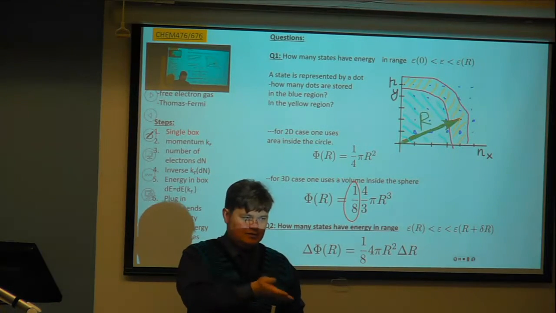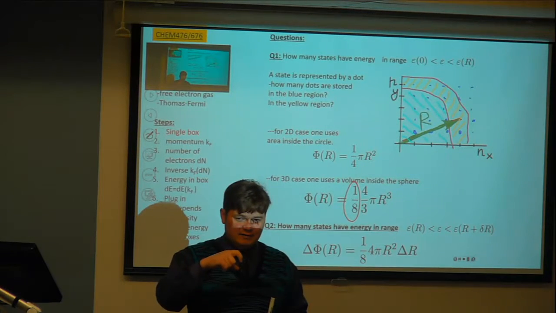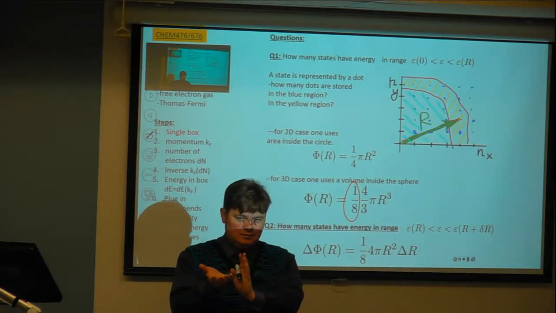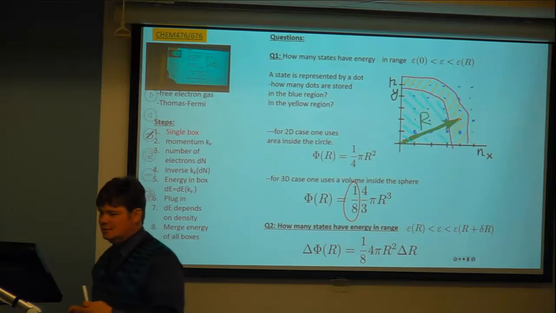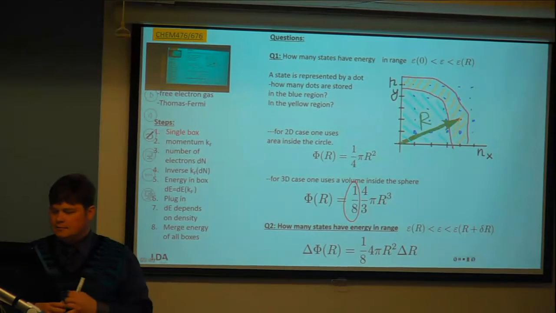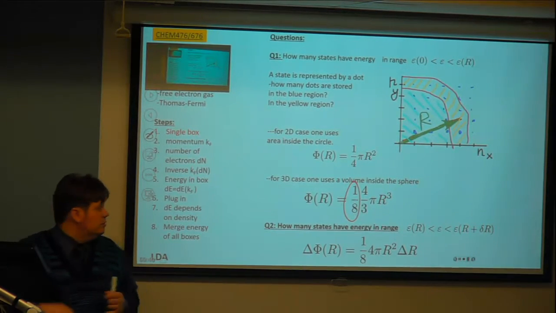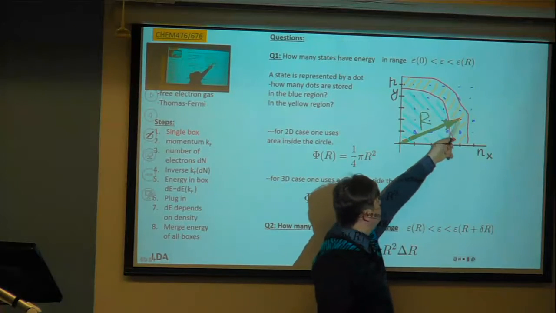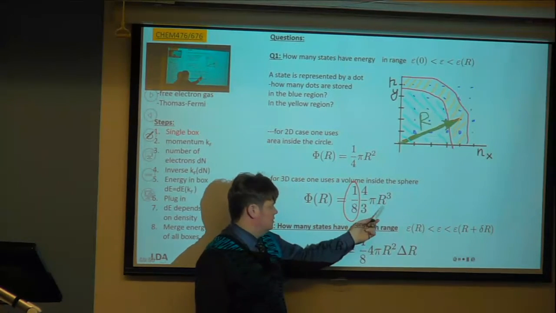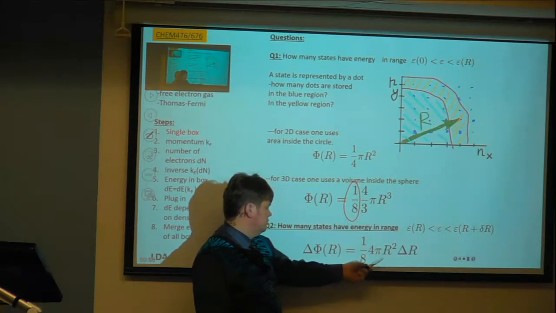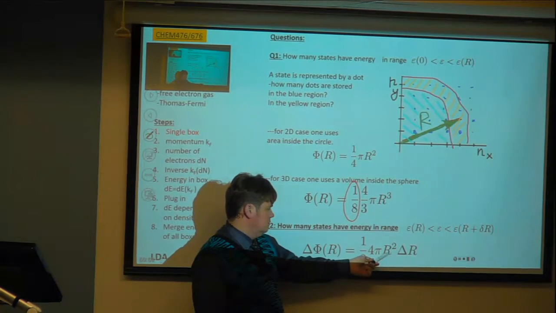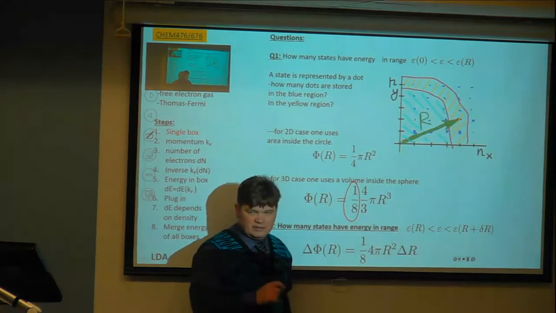If you slice it once again, it will be 1/8 of the space. And if you need the amount of these yellow states, it will be the derivative of this 4/3 pi r cubed, and then the width of the stripe.